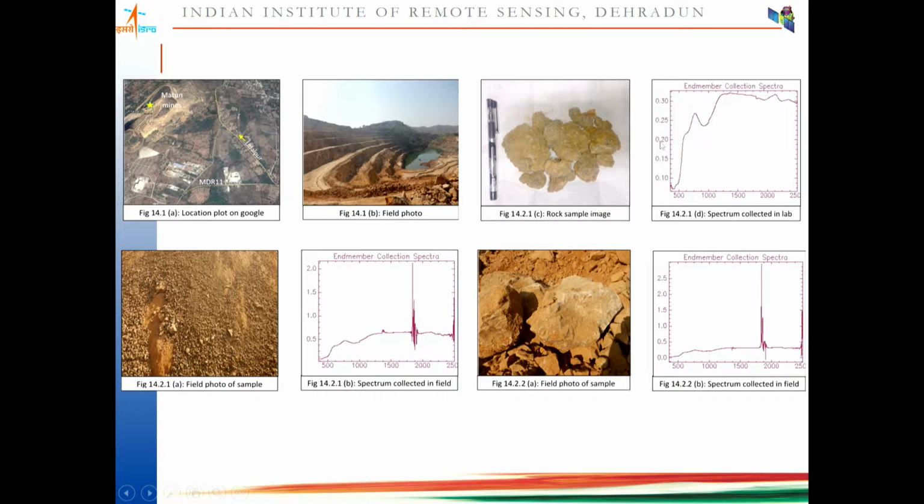But whether it is contact or no contact, sunlight or artificial light, the absorption dip at around 0.9 is there in the field, and it is also very much present in the lab.